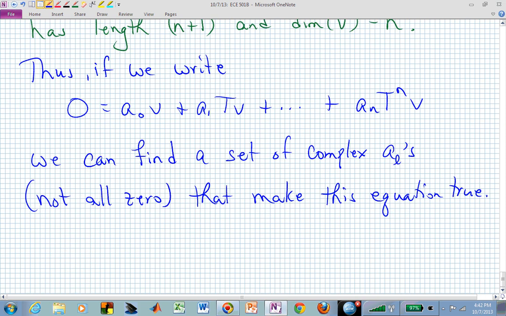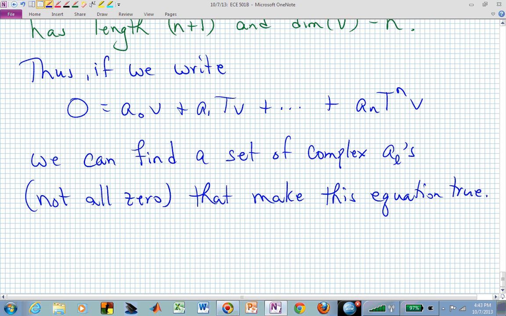Now what we want to do is sort of what we did with L before. We want to sort of find the first one, or maybe the biggest one here, that's not equal to 0. So of all of these, a0, a1, a sub n, maybe a sub n ends up being 0. Maybe a sub n minus 1 ends up 0. We want to go back and find the biggest one that's not 0.